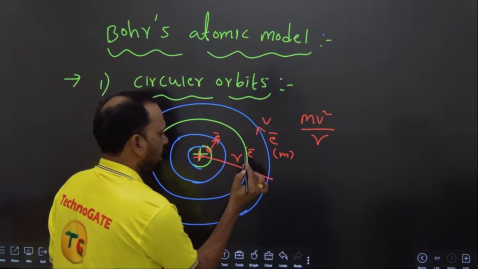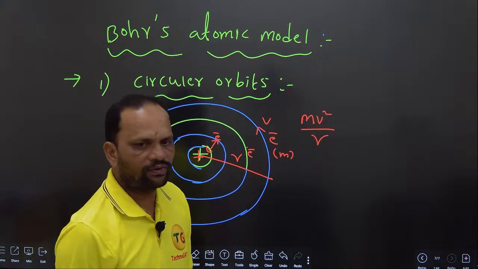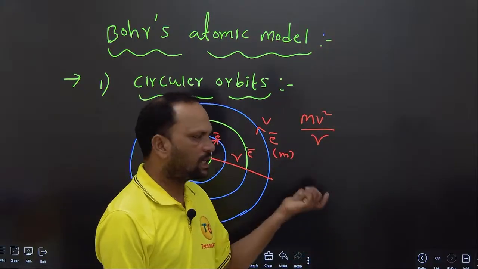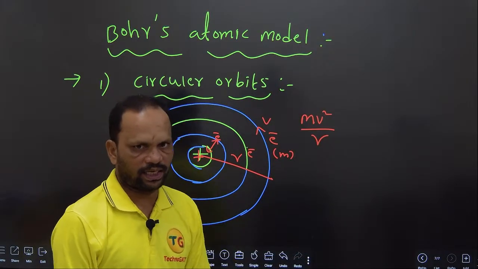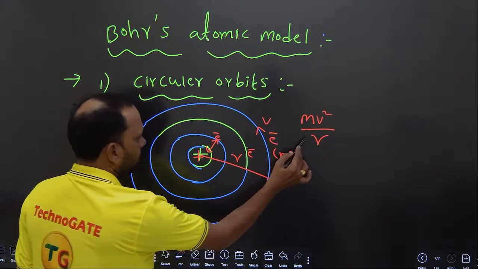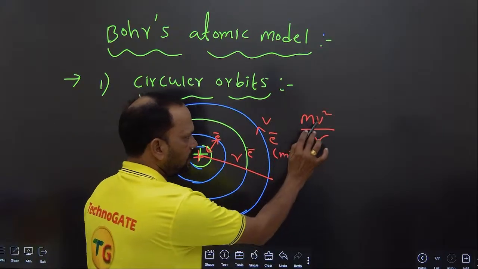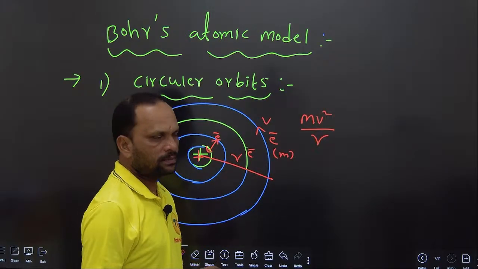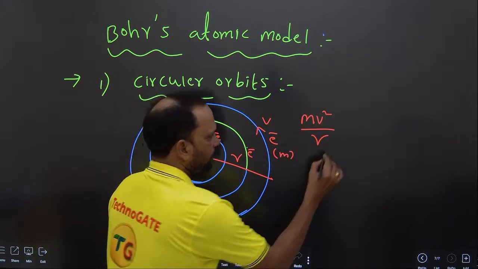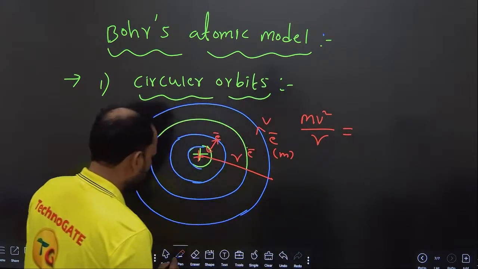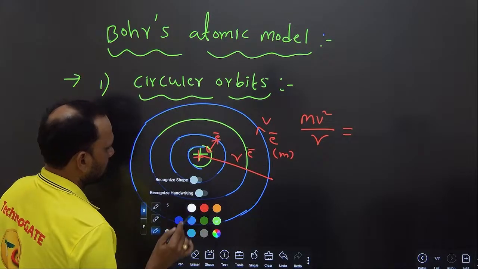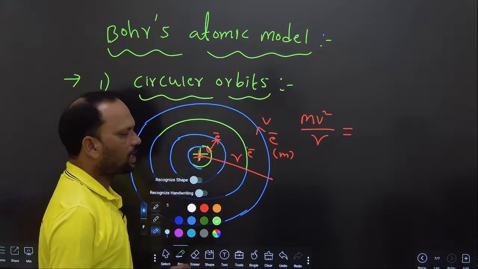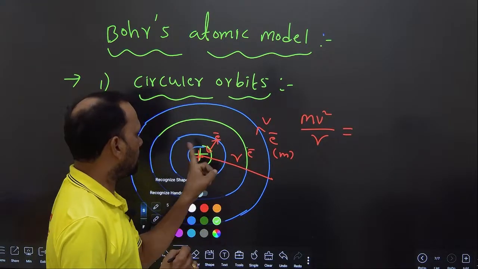R is the radius. How the radius varies and how the velocity varies, we will discuss later. So mv square by r, where m is the mass of the electron, v is the velocity of the electron revolving around the nucleus, and r is the radius, should be equal to the electrostatic force between the electron and nucleus.